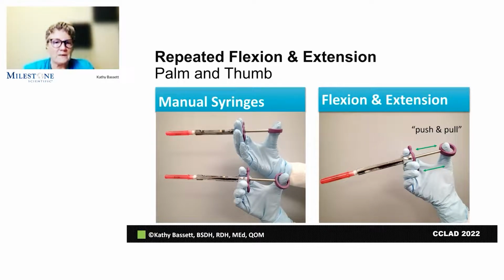Each time we pick up that syringe, remember that we're having to do a series of flexions and extensions, predominantly affecting the joints in our thumb, to aspirate and deposit solution, and we do that repeatedly throughout the day. If you have a small hand, looking at that picture on the left, my hand's on the bottom.